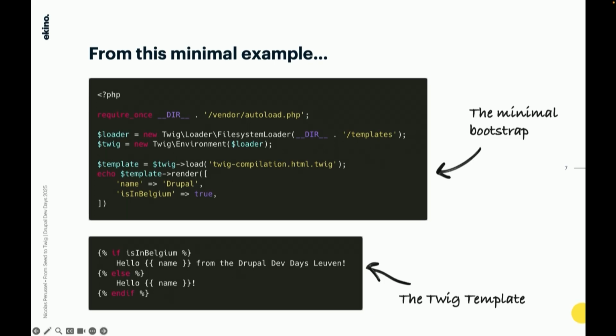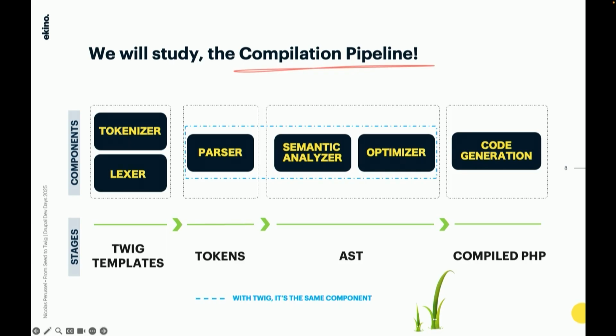At the bottom of the screen, you have a very simple Twig template: if is in Belgium, I display hello name from the Drupal Dev Days Leuven, else hello, only the name. Very simple, I think.